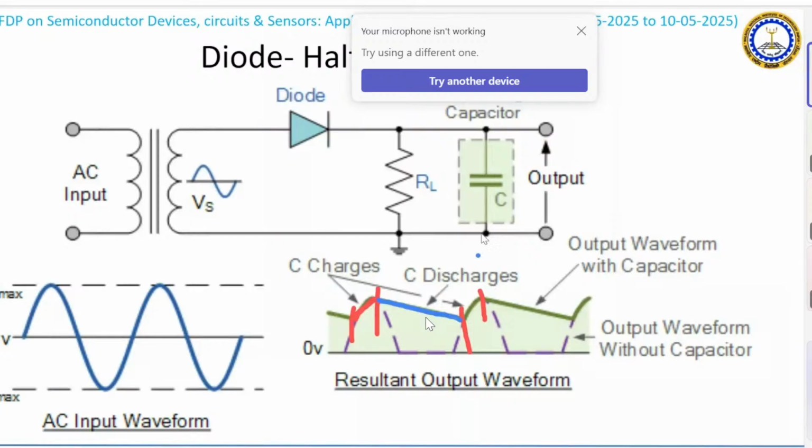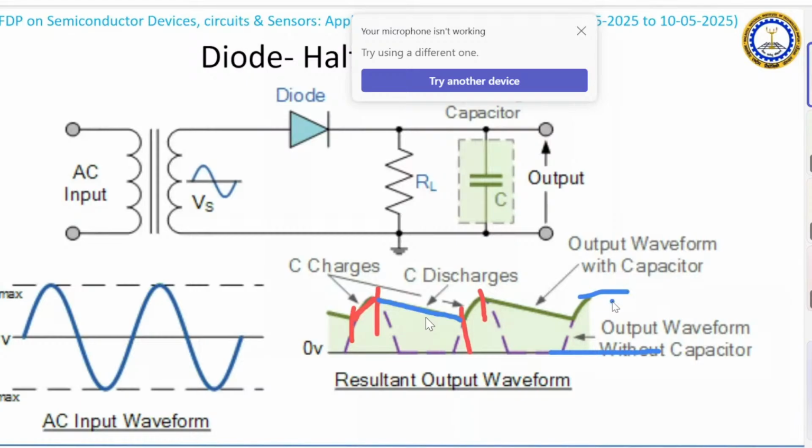So whatever discharging happens through the capacitor is what is observed at the output. Now let's have a look at this. Previously we were talking about from this to this, that was having V maximum and V minimum ratio.